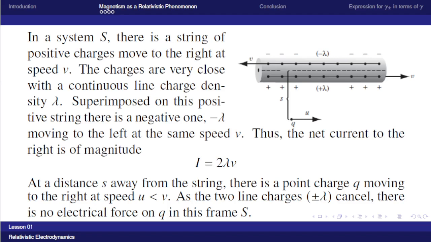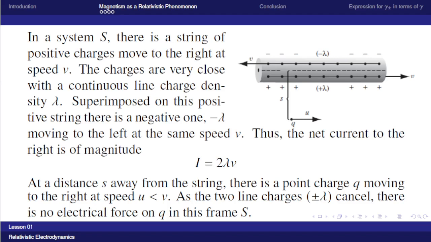These charges are very close together so that we can define a continuous line charge density: lambda for positive charge and minus lambda for negative charge. In this frame there is another point charge, small q, at a distance s from this conductor. It is moving towards the right with a speed u, and this speed u is less than v.